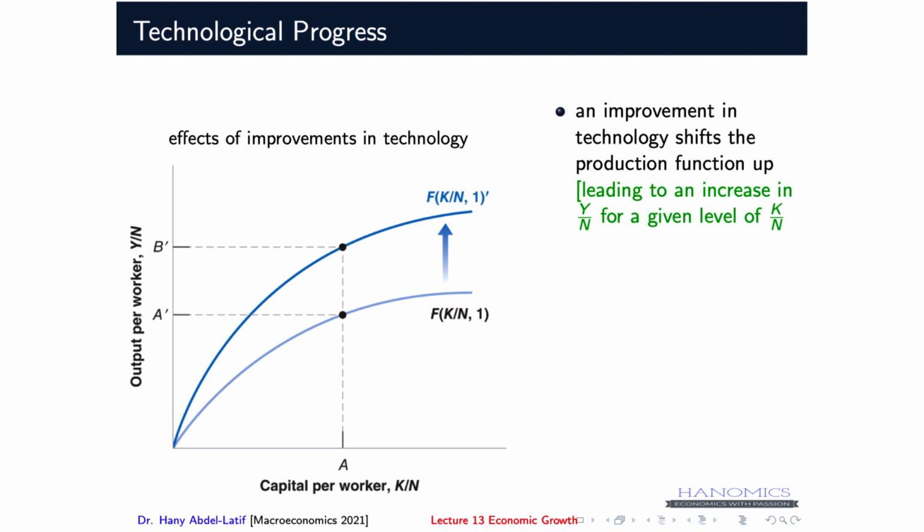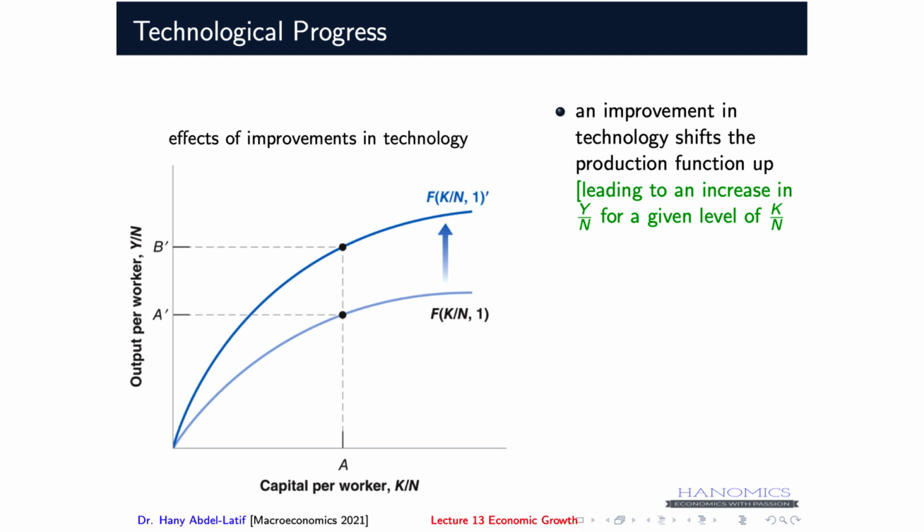This represents an improvement in technology which shifts the production function up, and obviously that will lead to an increase in output per worker for any given level of capital per worker. That is basically what we talk about when we talk about growth.